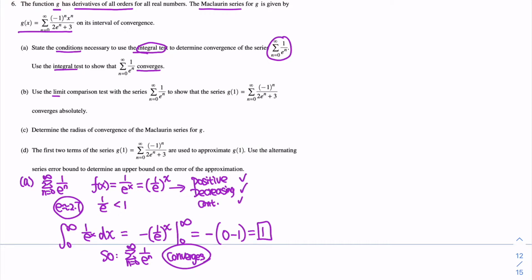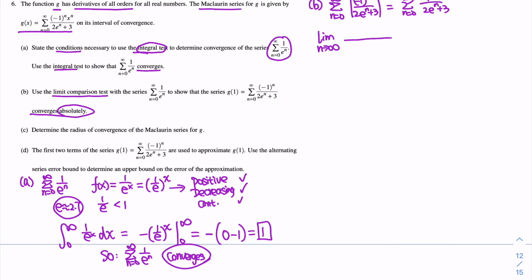Part B, use a limit comparison test with the series in Part A to show that the series g of 1 converges absolutely. So in order to show a series converges absolutely, we have to check the absolute value of the series. By using the limit comparison test, as n goes to infinity, we find the ratio between the two terms.